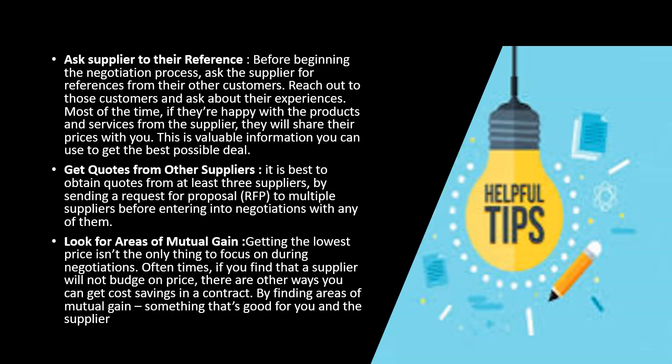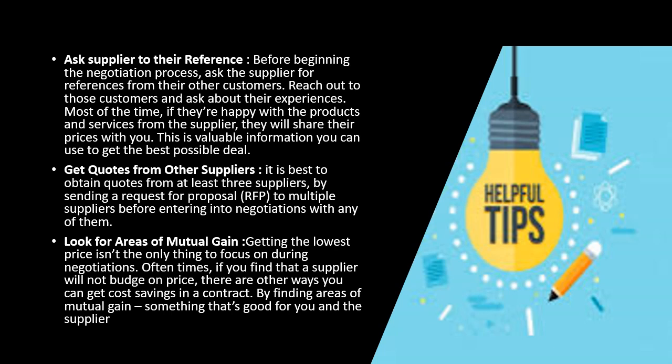Now the next point says look for the area of mutual gain. Most purchasers focus only on price reduction or optimized price, but as per my understanding, prices matter, but you should not focus only on the pricing. You should also focus on other parts like payment terms, delivery points, delivery times, and what warranty charges they are going to impose.